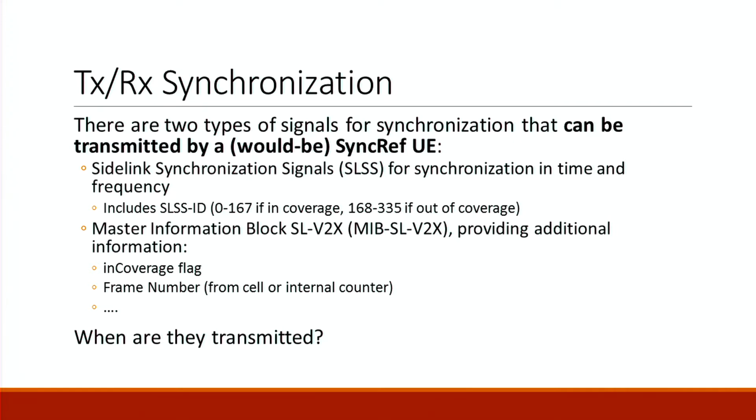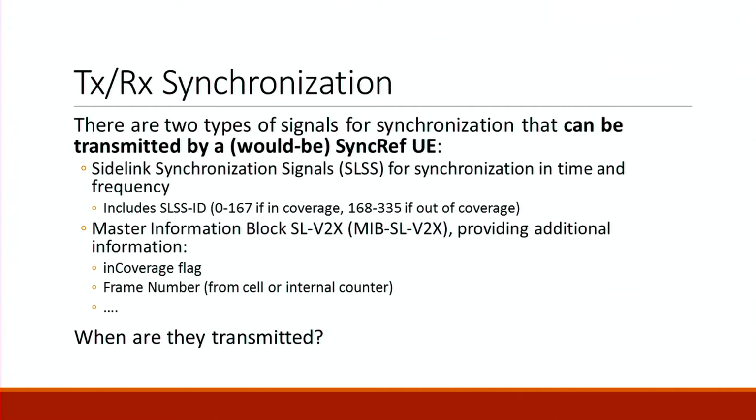But when they do this, they will advertise two pieces of information. They will advertise their ID. The ID is a number, a local number to identify themselves in the local group of D2D communication.